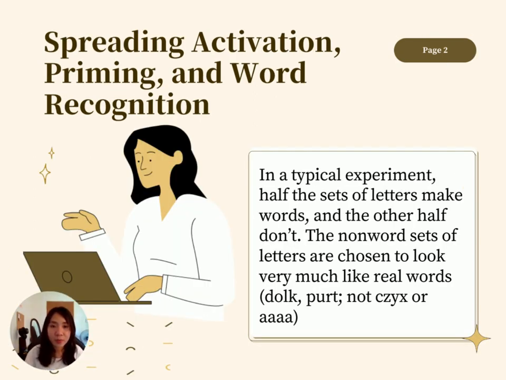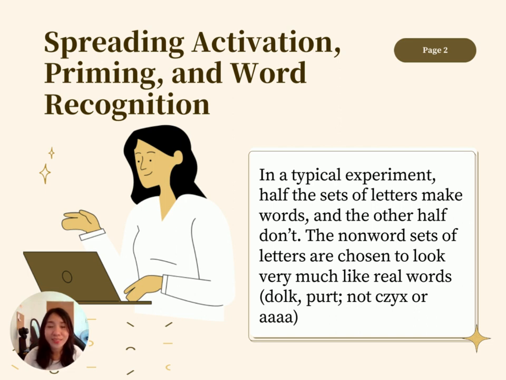In a typical experiment, half the sets of letters make words and the other half don't. The non-word sets of letters are chosen to look very much like real words, like "pert" and not "CZYX" or "AAAA", so that the participants actually have to read the stimuli to decide whether they are words or not.